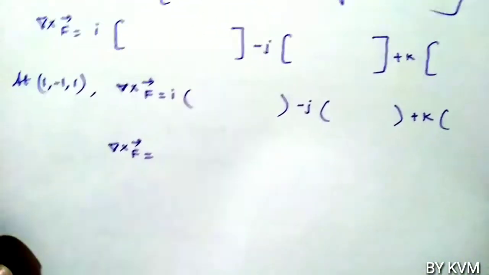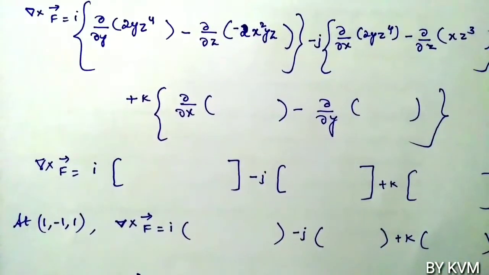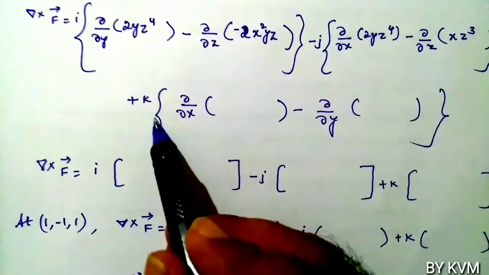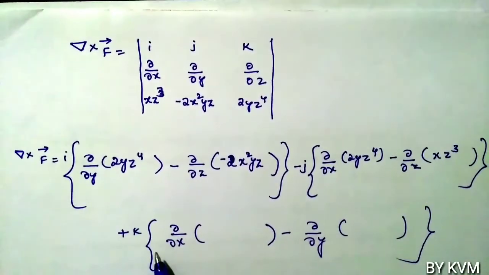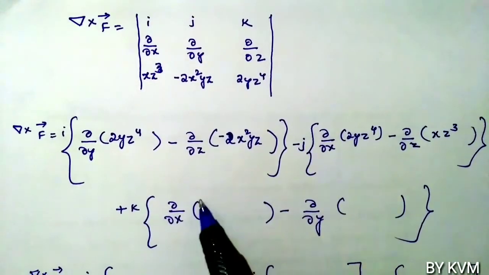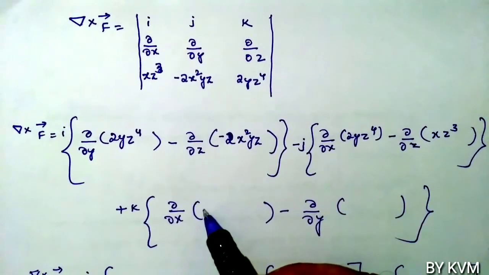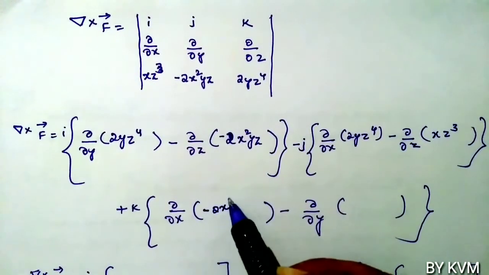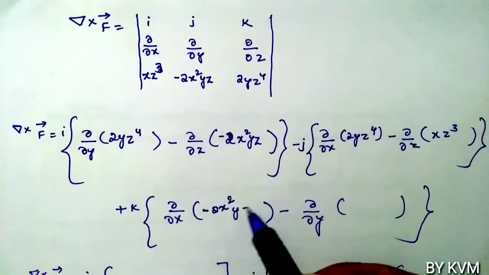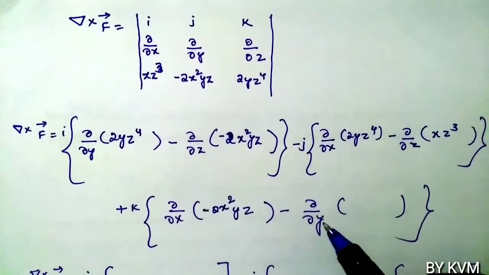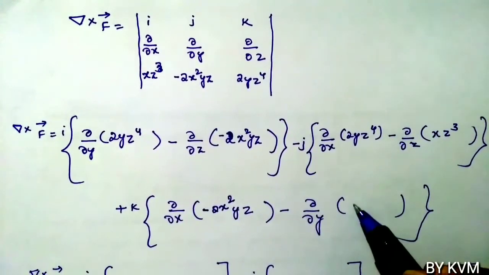Then plus k times ∂/∂x of minus 2x square yz minus ∂/∂y of x z cube.